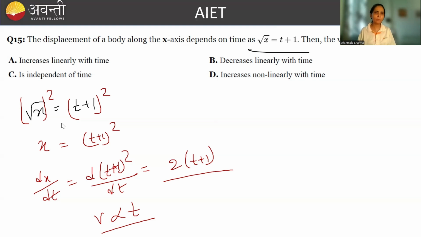Decreases linearly with time? No, it will keep on increasing as t will always be positive. So if t has a positive value, the whole term here is positive. So if t is increasing, the whole term will increase. So definitely velocity increases linearly with time. So the correct answer here will be A.